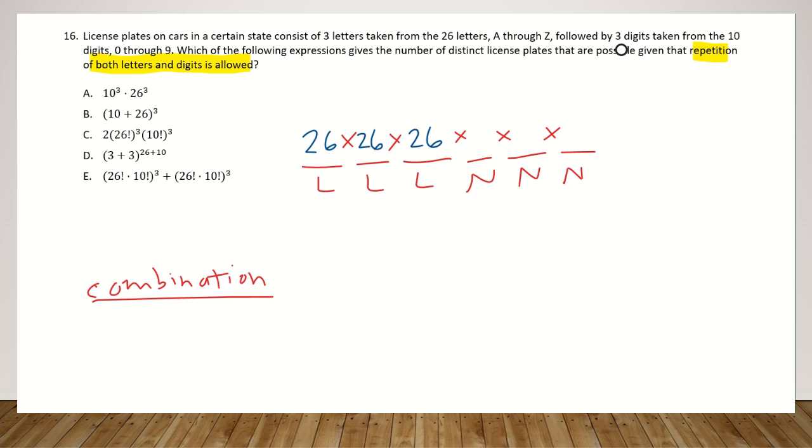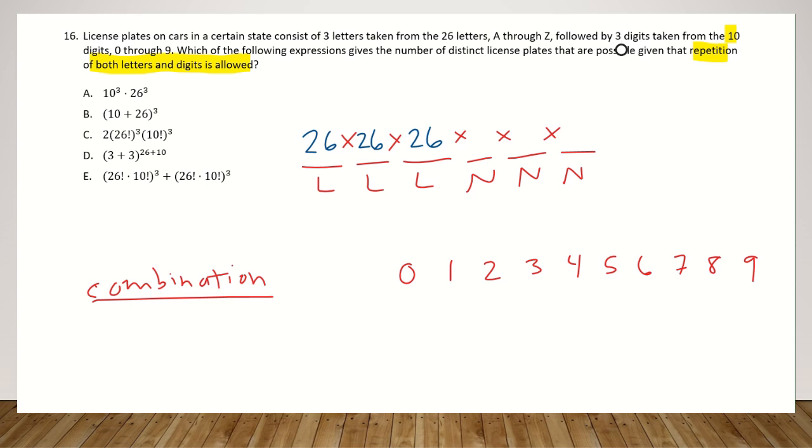And now we have numbers and we're selecting from 0 to 9, and it tells you right here, 10 digits, 0 through 9. 0 through 9 is 10 digits, okay? Be careful with this. A lot of kids mess up and put a 9 here because they think 0 through 9, but that's actually 10 choices. 1, 2, 3, 4, 5, 6, 7, 8, 9, 10.